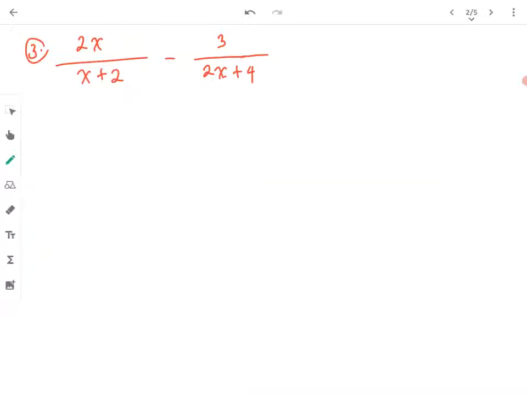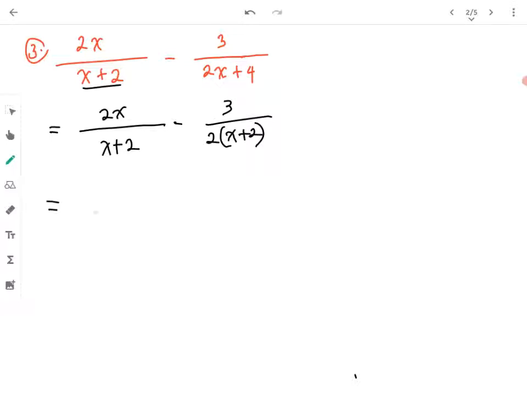Number 3. In number 3, if there's a need to factorize the denominator, we factorize the denominator. Okay? So let's try to factorize. Since x plus 2 cannot be factored further, we copy them. But notice that 2x plus 4 can be factored as 2 times x plus 2.